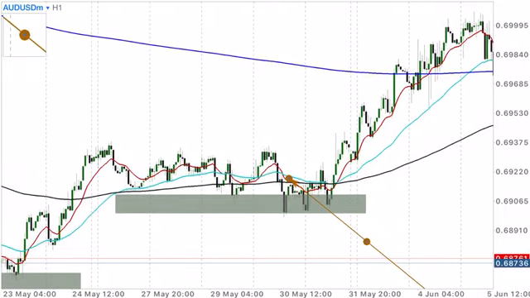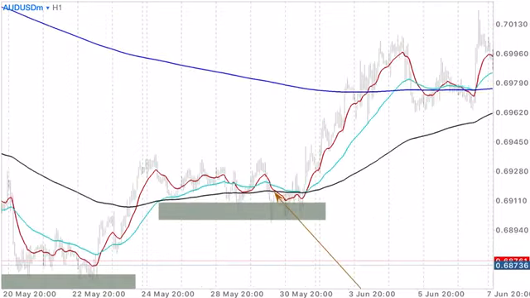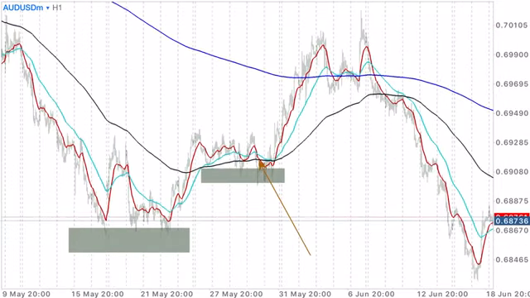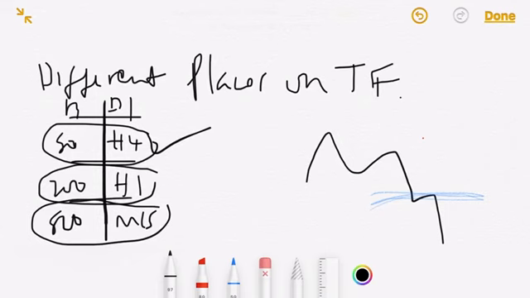Remember what I said? I said that the position of the 50 EMA on H4 is actually the position of the 200 EMA on H1. So it means that the ID50 of H1 is actually a pullback to the 200 EMA on M15.